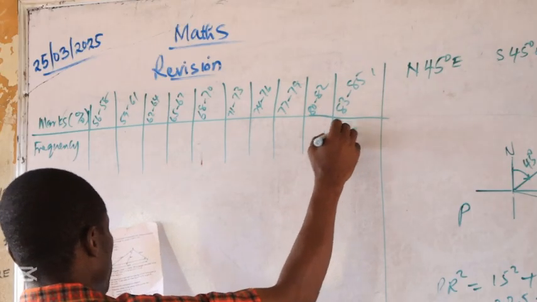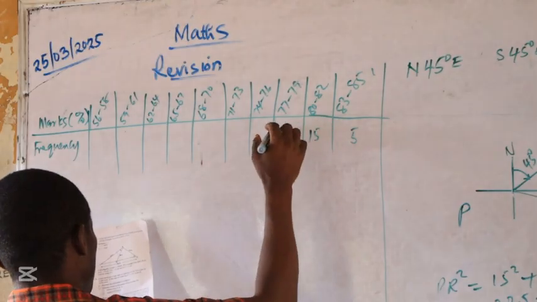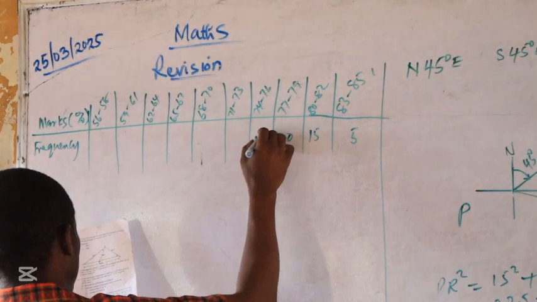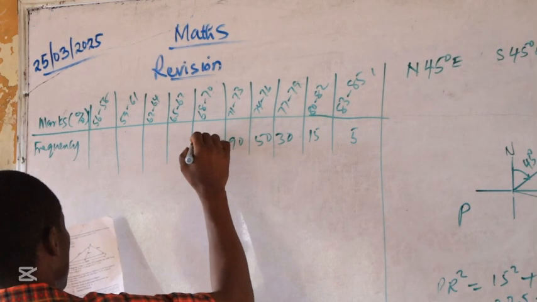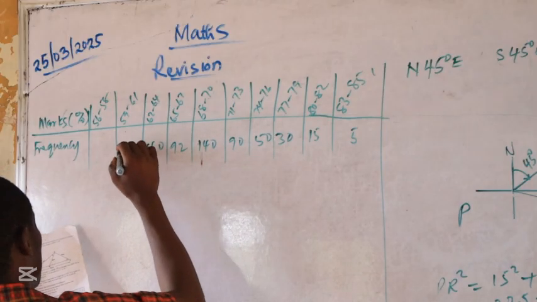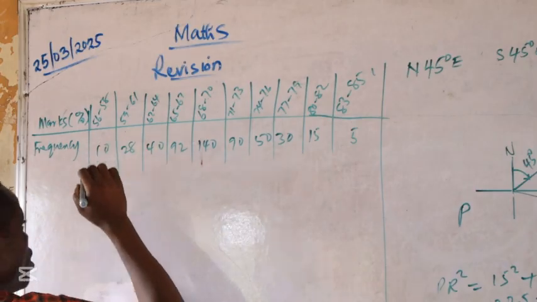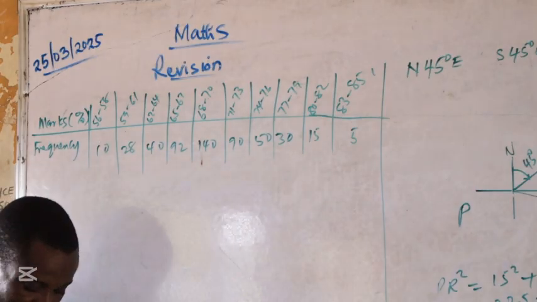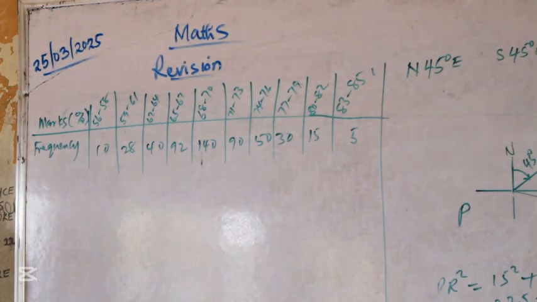We have 5, 15, 30, 50, 90, 140, 92, 40, 28, and 10. This is the table.